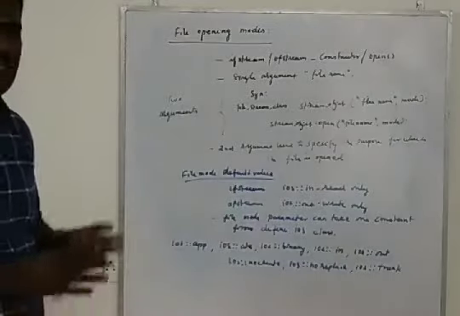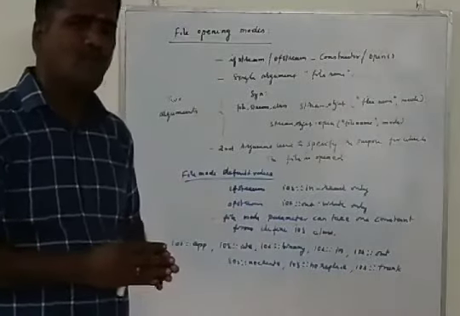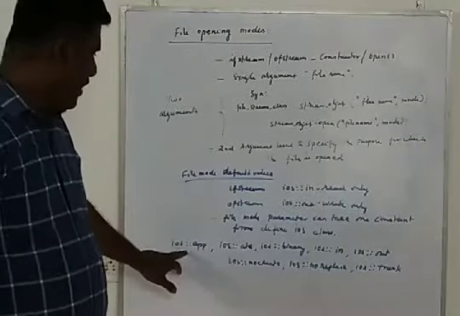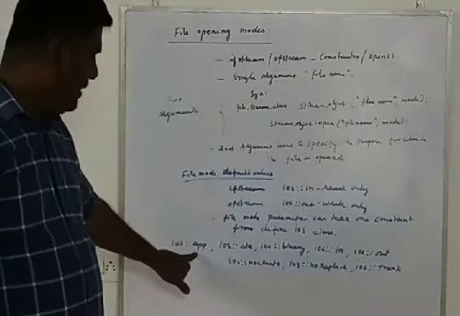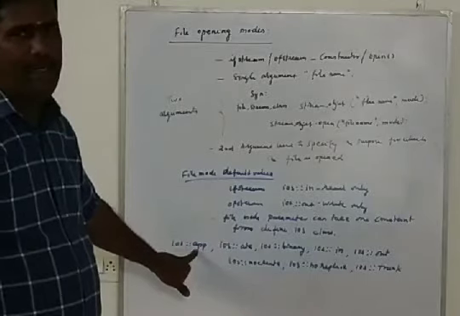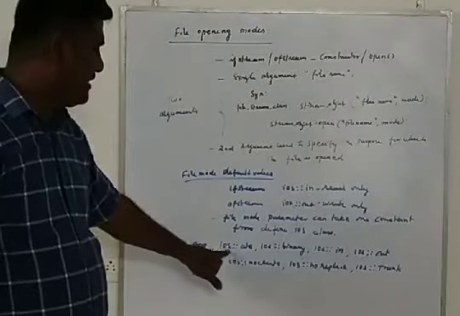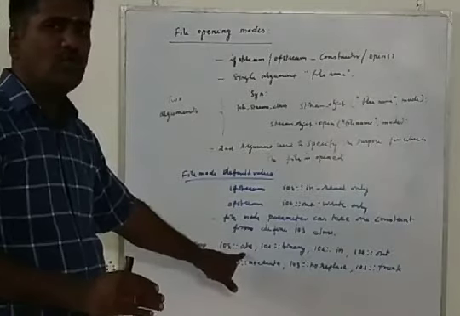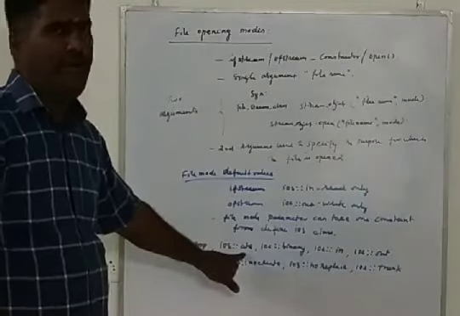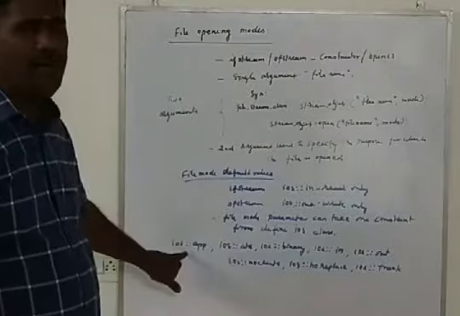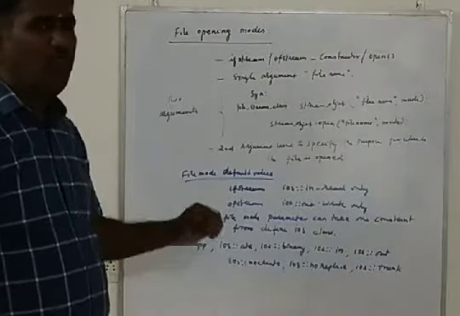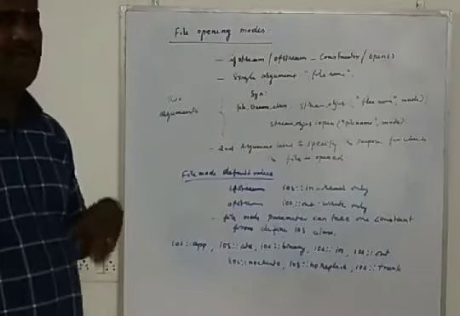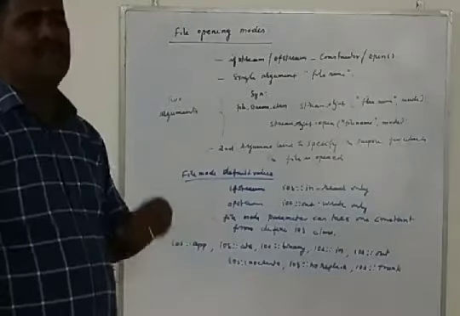Next, what are the different types of file mode used with your file? Here ios::app is nothing but append. Append mode means opening a file where some content is already stored.